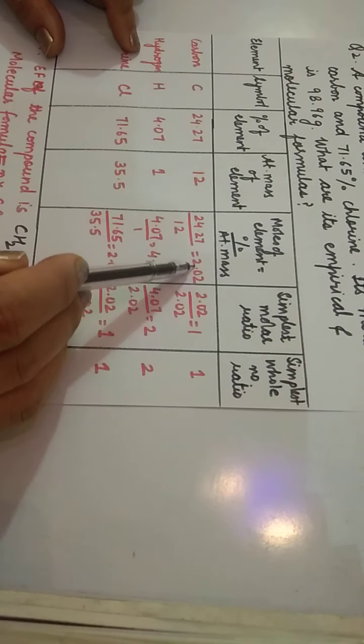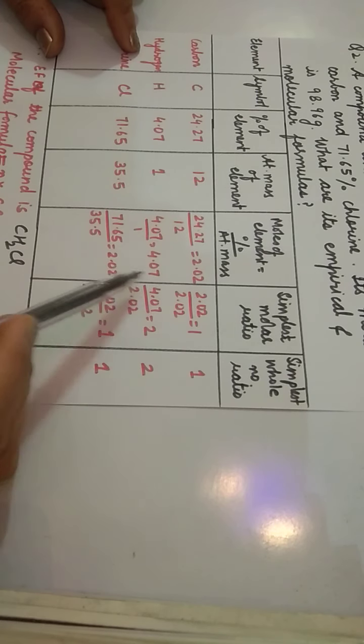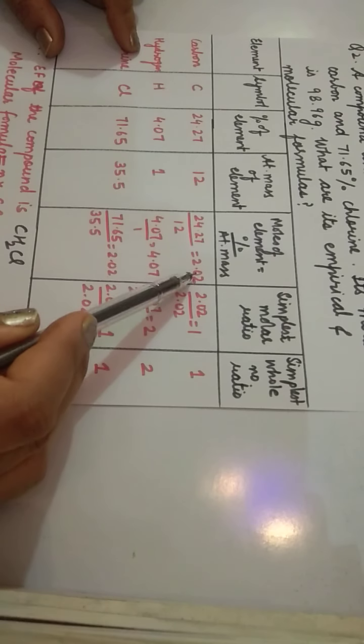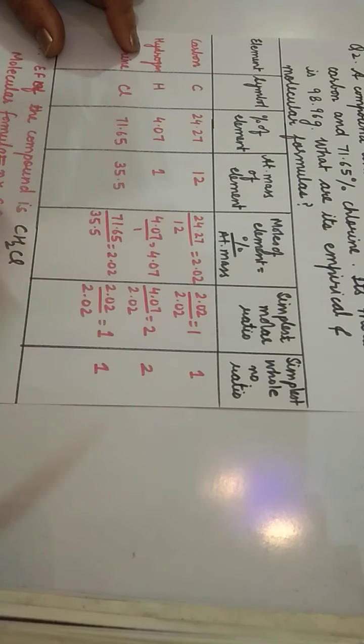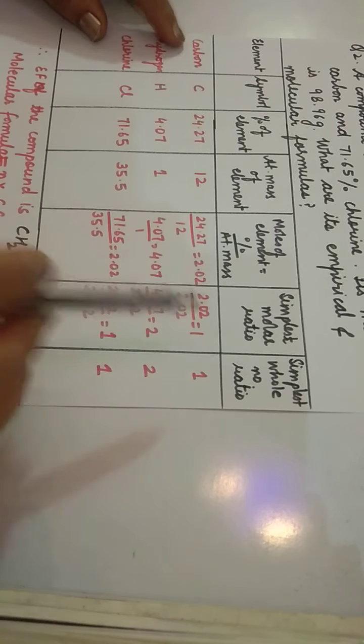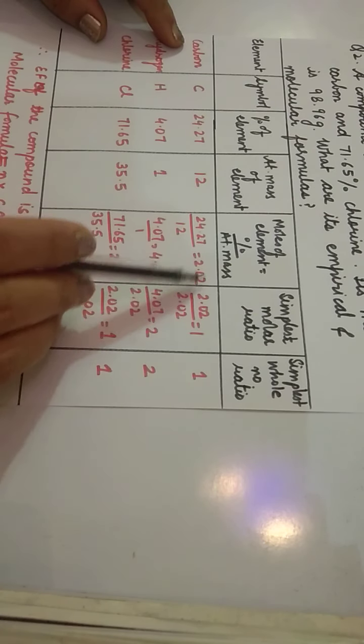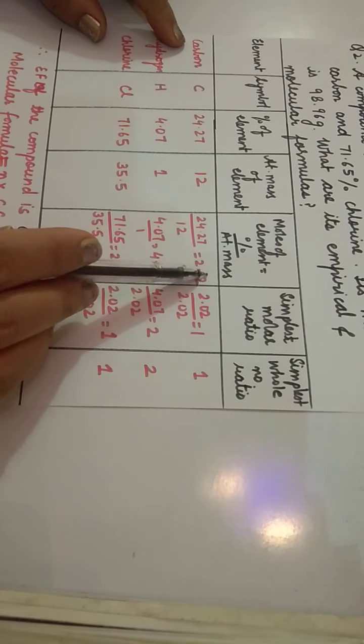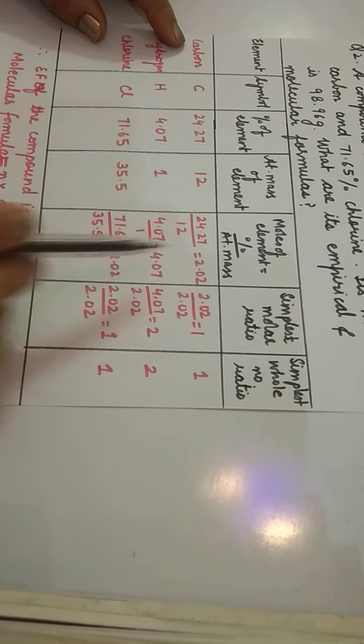Among 2.02, 4.07, 2.02, the lowest number out of these three is 2.02. Now the simplest molar ratio is this moles of element divided by the smallest number.